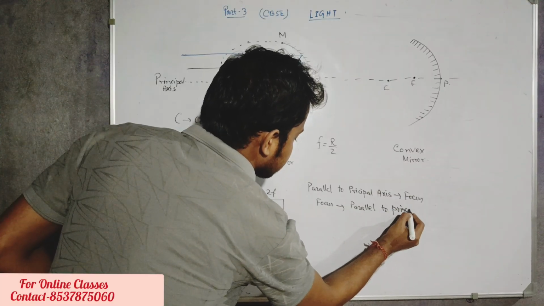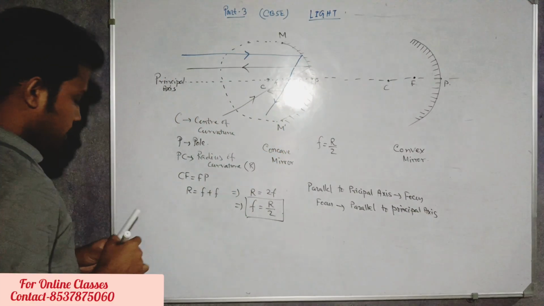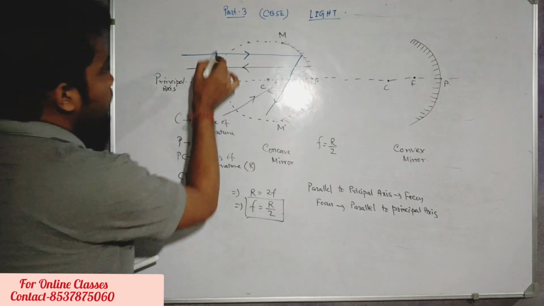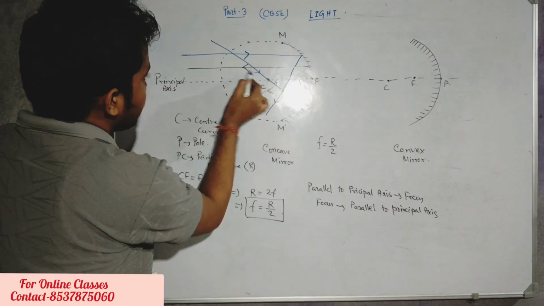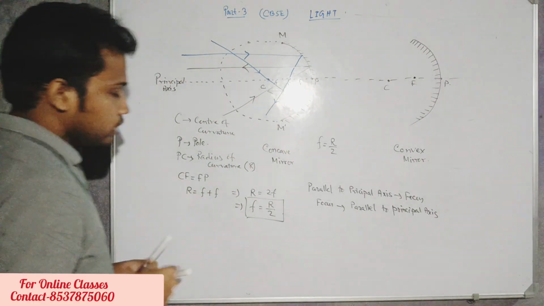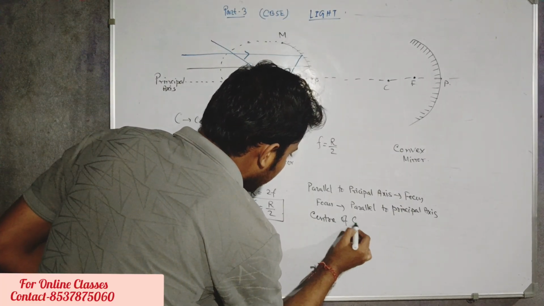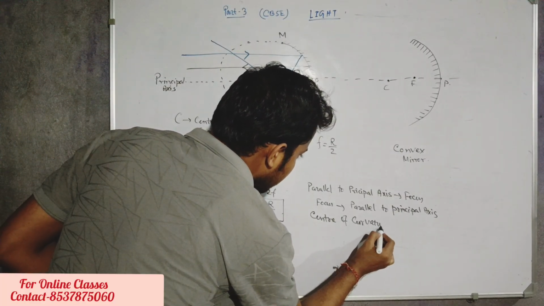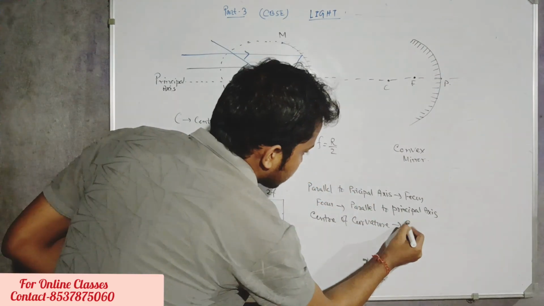Next, we can say if a light ray comes from the center of curvature, it will move back to the same. That is, if a light ray comes from the center of curvature, it will move back to the center of curvature.